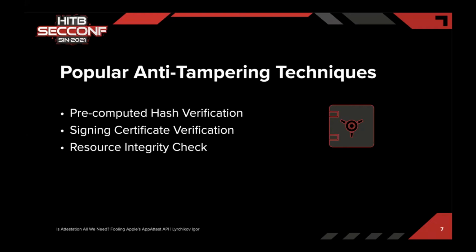It checks whether some specific part of the code has been tampered with by computing its signature at runtime and checking it against a pre-computed hard-coded hash of its content. The last one is a resource integrity check. It verifies the signature of specific resources at runtime. For example, these resources could be an image or other assets inside the application bundle.